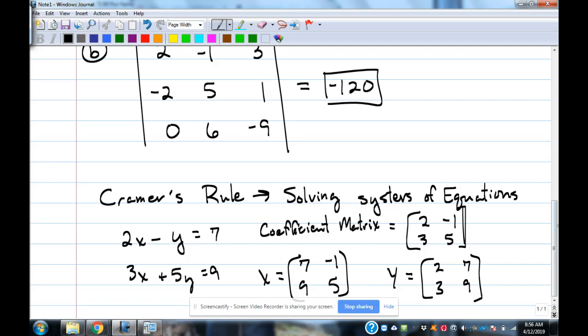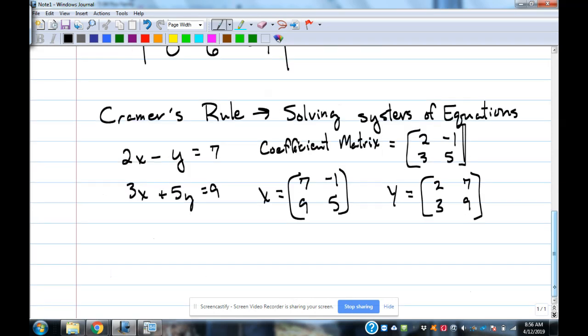All right, so to solve this system using Cramer's rule, to get X you take the X matrix, take its determinant, divided by the coefficient determinant.